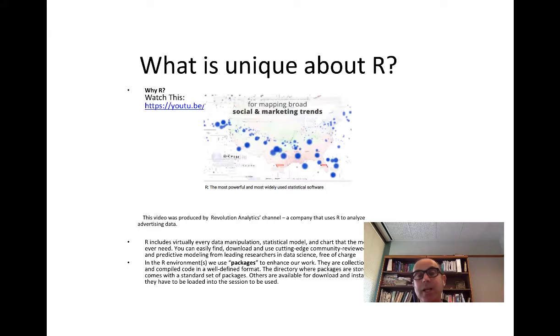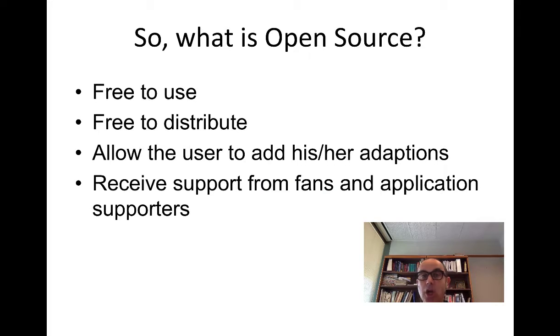This company uses open source R as their platform to help their clients understand what it entails. So what is open source? As I said before, it's free to use, free to distribute, allows you to adapt it, and receive support from fans and supporters.